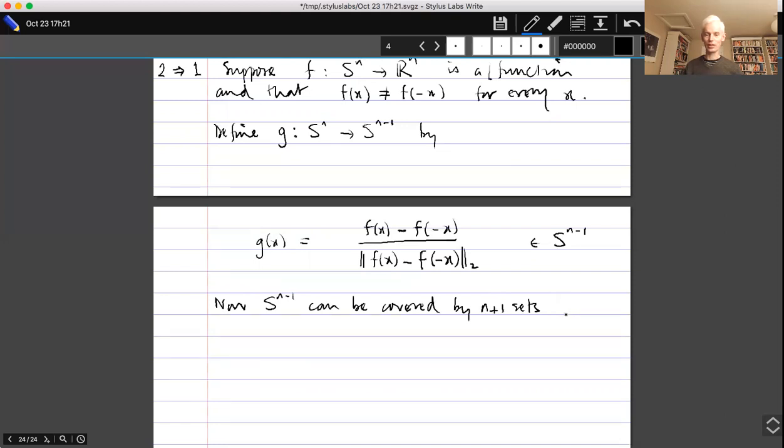So that's n+1 sets, also I want them to be closed, none of them containing a pair of antipodal points.